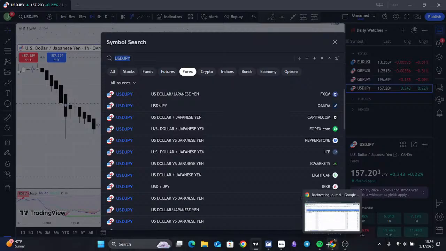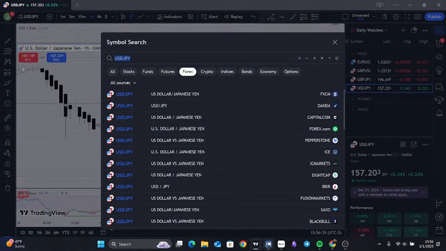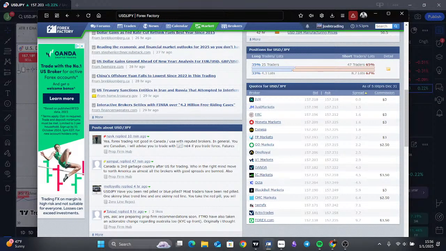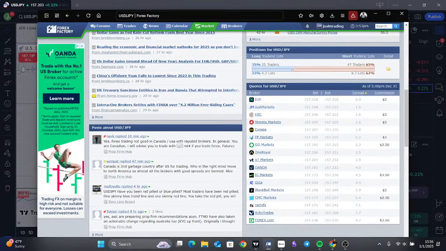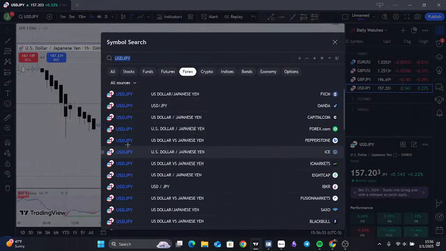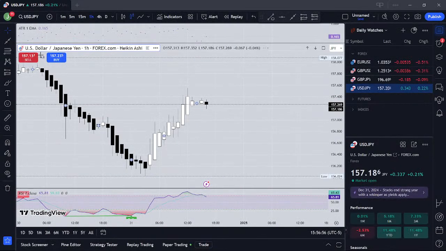FSX or EBT. So if I was to go on Forex.com, for instance, I'm going to have a wide spread, 9.8. That's wow.